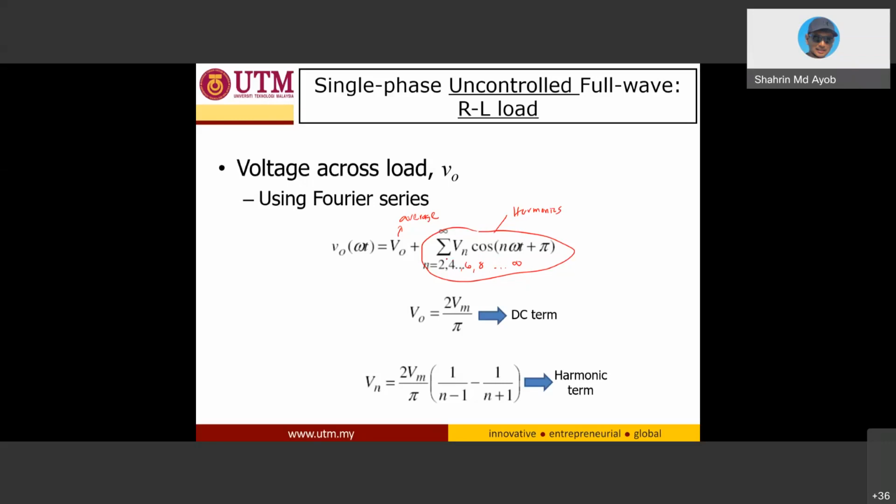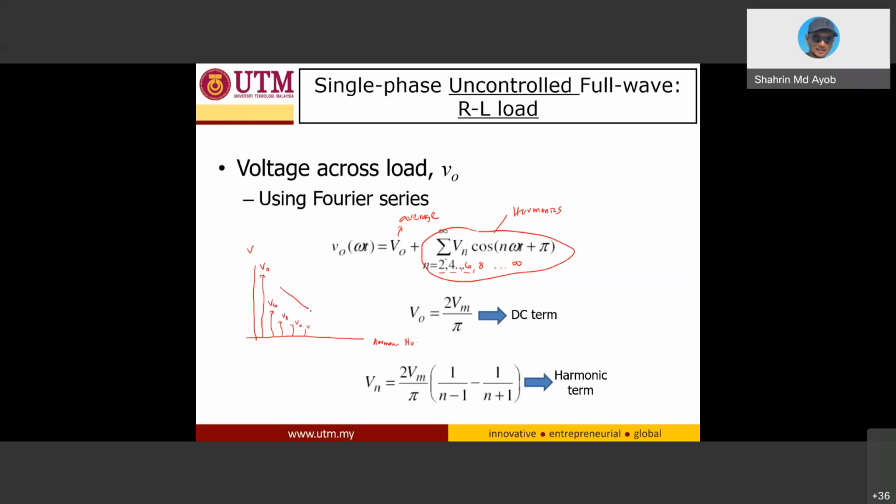We only concentrate on harmonic number 2, 4, or maybe 6, because if you plot the harmonics, with V on one axis and the harmonic numbers on the other, this is V0, this is V6, this is V8, this is V10, this is V12.